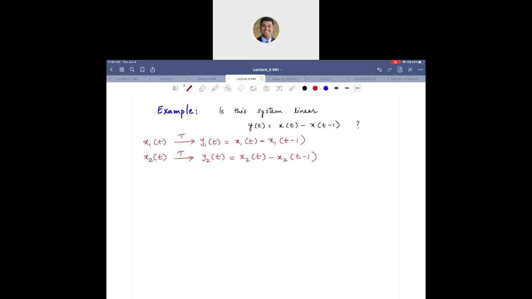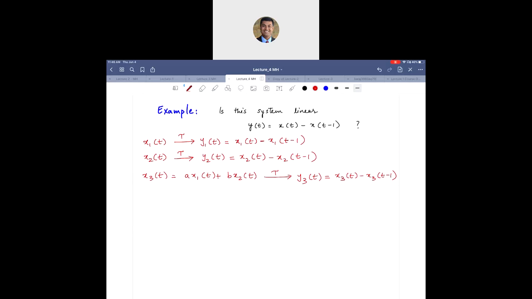Next, let's define x3 of t, which is a x1 of t plus b x2 of t. Go into the system operator to get y3 of t. Now y3 of t I can write as x3 of t minus x3 of t minus 1.